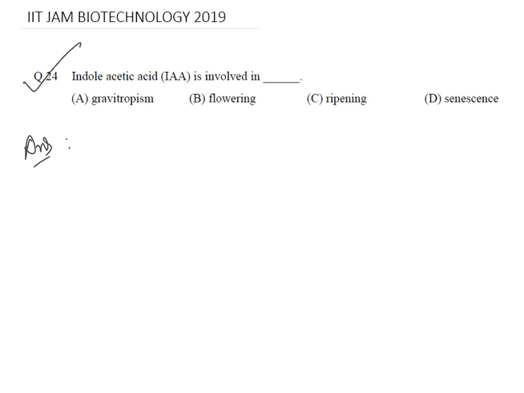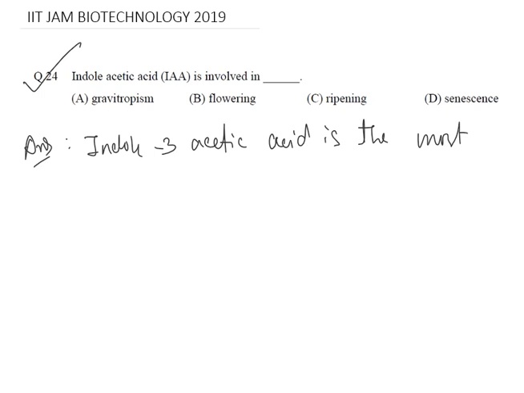Now as we know that indole 3 acetic acid is the most common naturally occurring plant hormone of the auxin class.